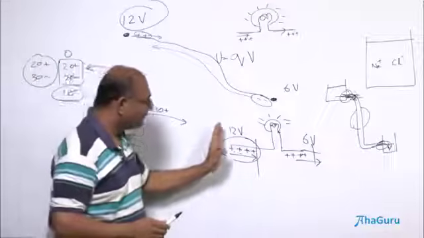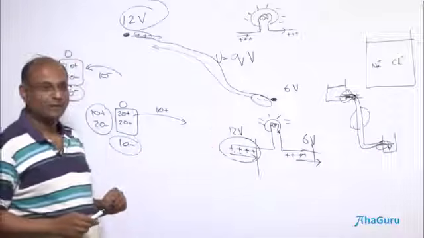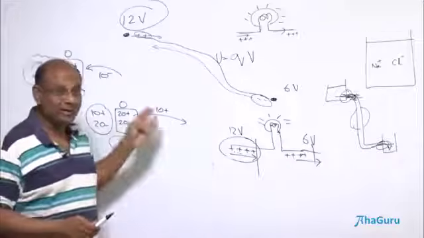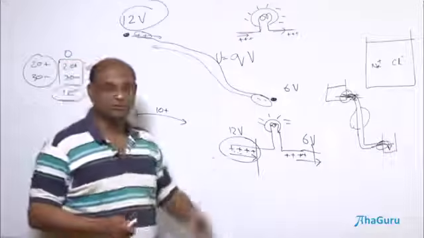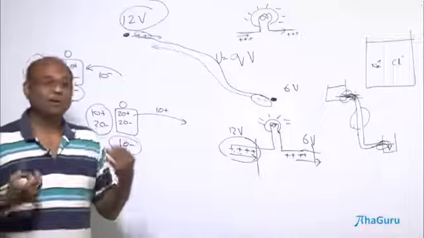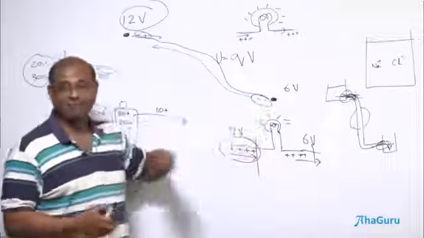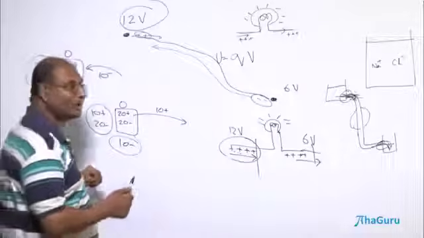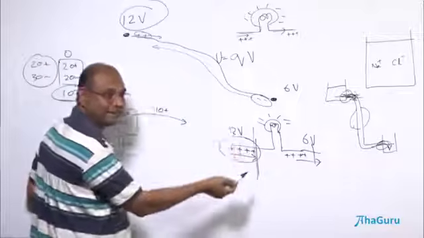Now, if the charge that goes through, if you wait for 2 hours, then a lot of charge will go through. A lot of charge will go from 12 volts to 6 volts. So obviously you will get a lot of energy. But if I want to look at power, that is the amount of energy that is coming out of this every second, what should I look at? How much charge goes from here every second?